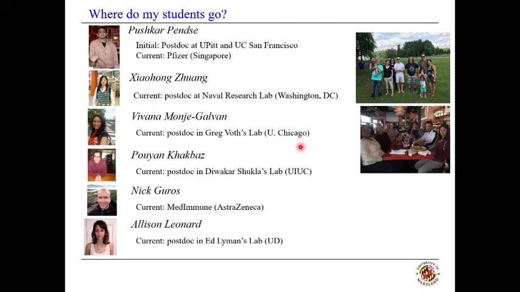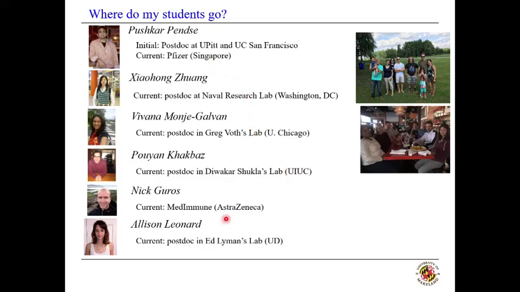So I tried to give you a very quick overview of the research we do. Where have my students gone? My students typically go to postdoc positions afterwards. My first student did a postdoc at San Francisco, then the University of Pittsburgh, and is now at a company, Pfizer, in Singapore. Other ones are currently in postdocs or in industry.